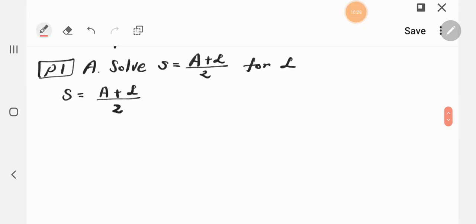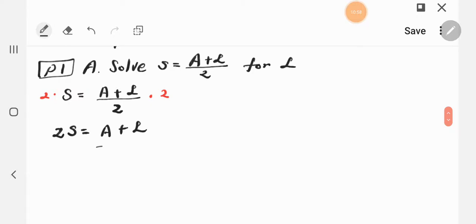All right. We want to solve this equation for L, and on the left side, L is in the numerator. Let's get rid of the denominator first. So you can multiply each side by what? 2. Multiply each side by 2, so you can get rid of 2. So that this will be 2S equals A plus L. And L is on the right-hand side, so we can just move A to the left.